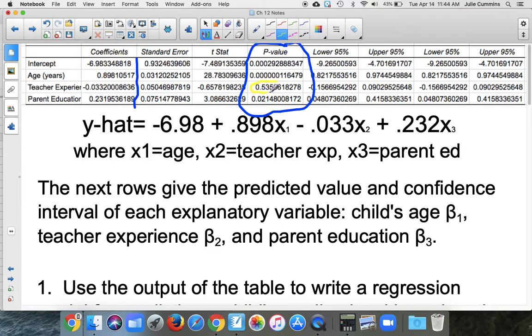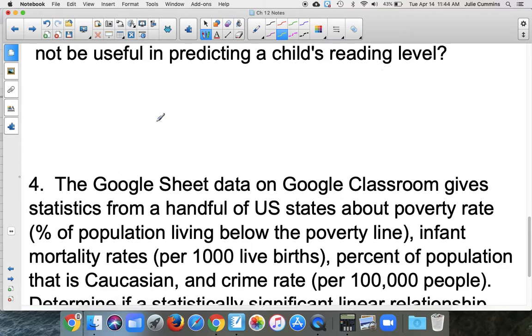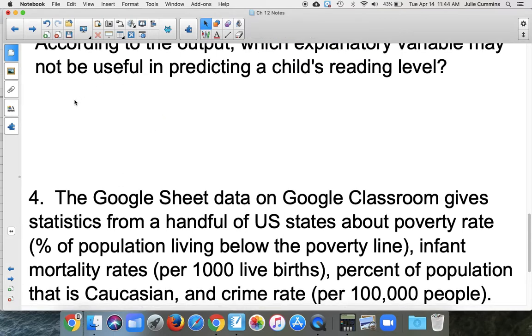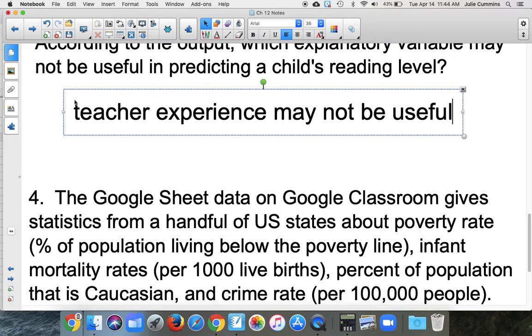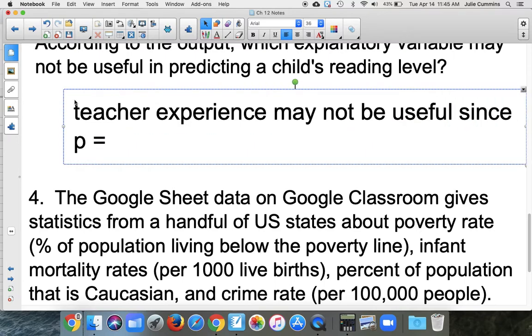This one, 0.535, that is greater than alpha. So what's this saying? This particular piece may not be useful. So teacher experience may not really be useful in predicting a student's reading level. So that's what we would say for this one. We would say teacher experience may not be useful since the p-value that we had was 0.535.